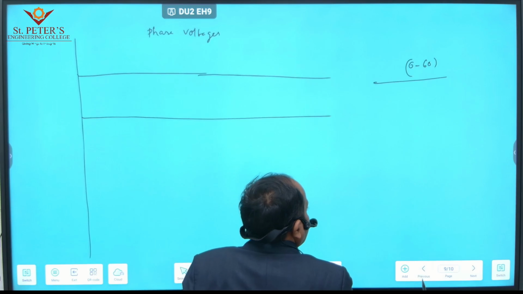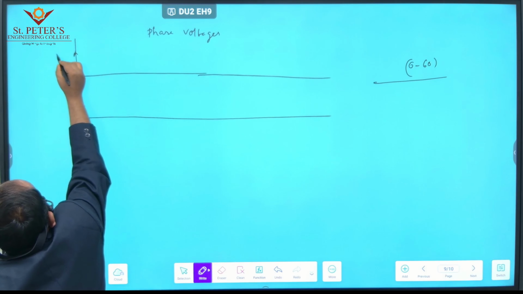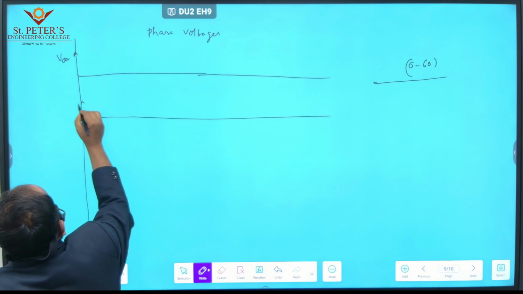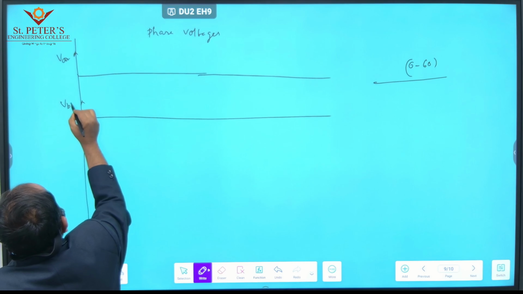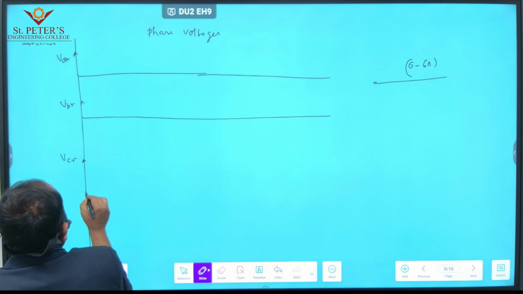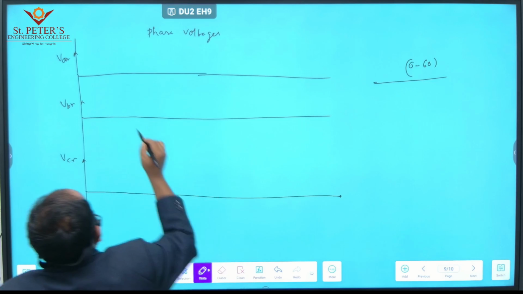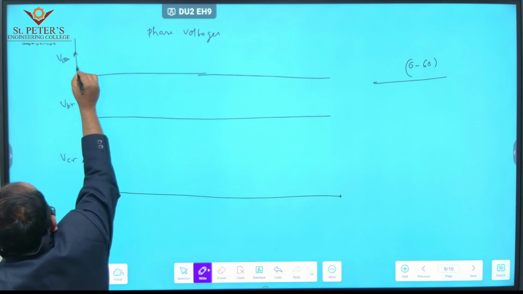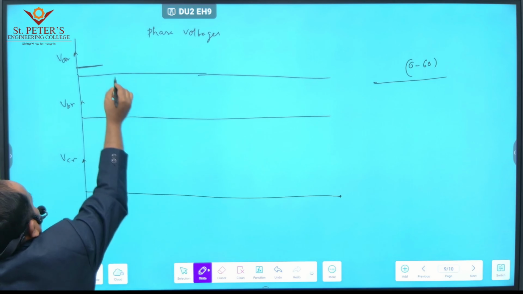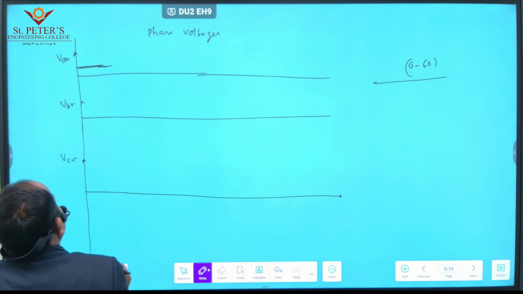Then draw the waveforms for VAN, VBN and VCN. What is the value of VAN? That is 1 by 3 VDC, positive. So say this is 1 by 3 VDC from 0 to 60 degrees. What about VBN?